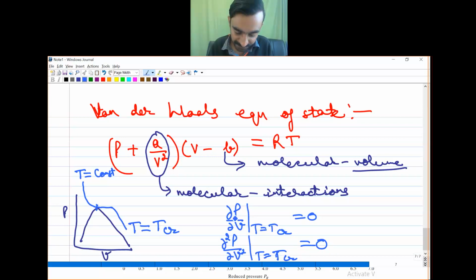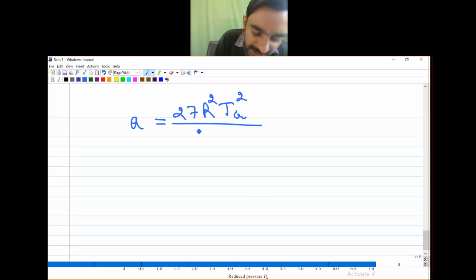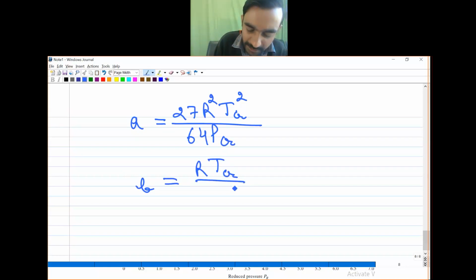Okay, so if you now do these derivatives and want to obtain the values of A and B, you can find the value of A as equal to 27 R square T critical square divided by 64 P critical. Okay, and similarly the value of B will be R T critical divided by 8 times P critical.